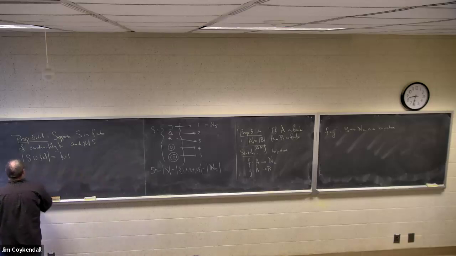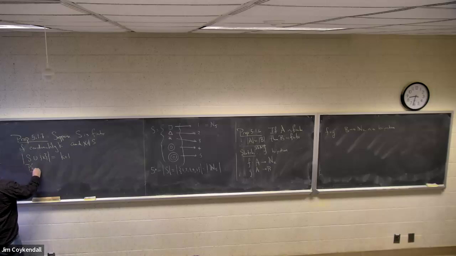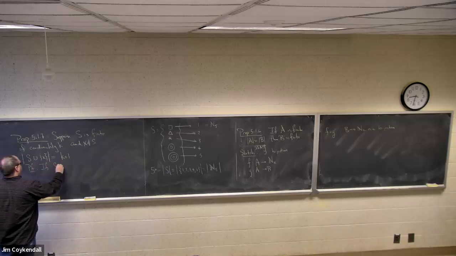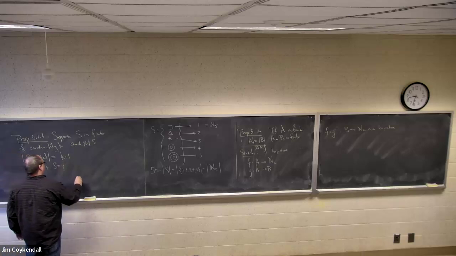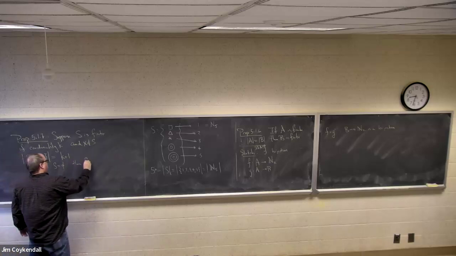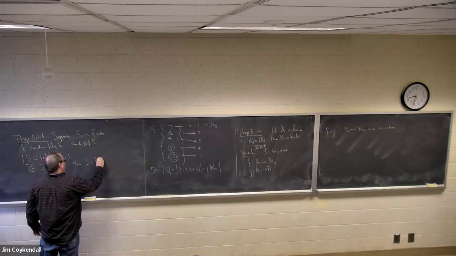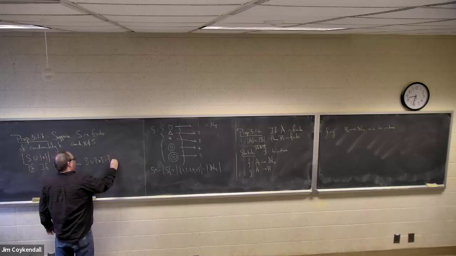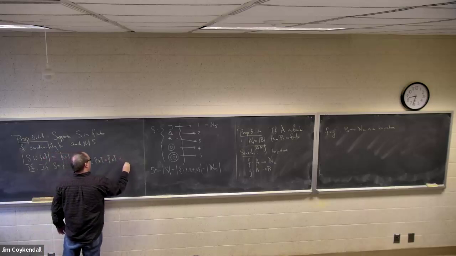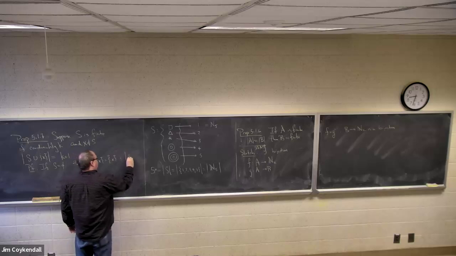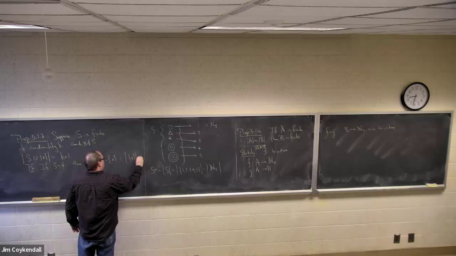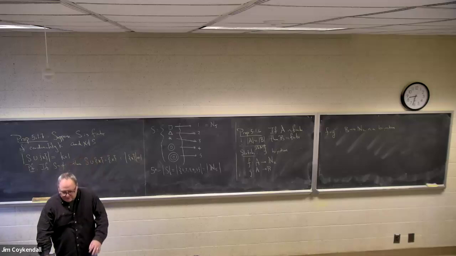Proof. If S is the empty set, then S union x is equal to x, and the cardinality of x is clearly one. One thing in there.